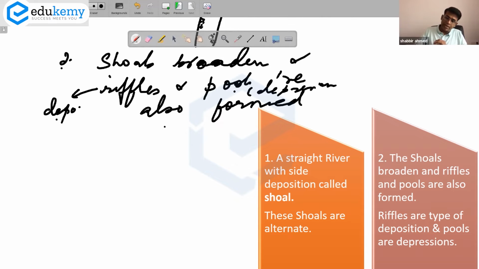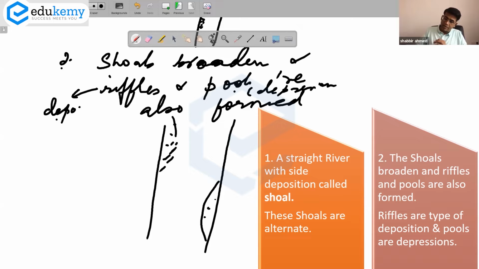So this is the river. The shoals have become larger, and there are some deeper parts called pools and depositions called riffles. There are pools and there are riffles. The ones on the side are called shoals.